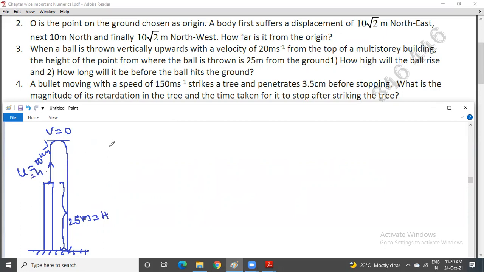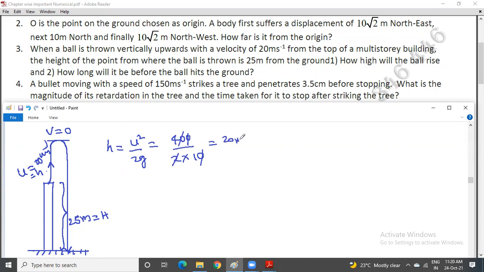So now we know that h is equal to v square by 2g. Okay, h is equal to u square by 2g because v is 0. So how much is u provided? 20. So 20 square is 400 divided by 2 into 10. g is to be taken as 10 meters per second square. So therefore it is 20 meters.